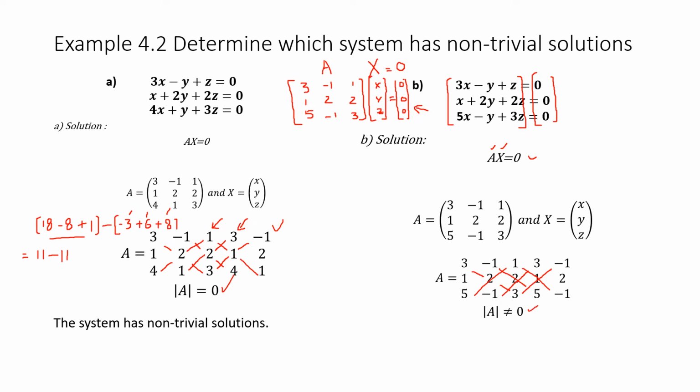When it is not equal to 0, it means it has a trivial solution. It has a kind of unique solution, one solution.